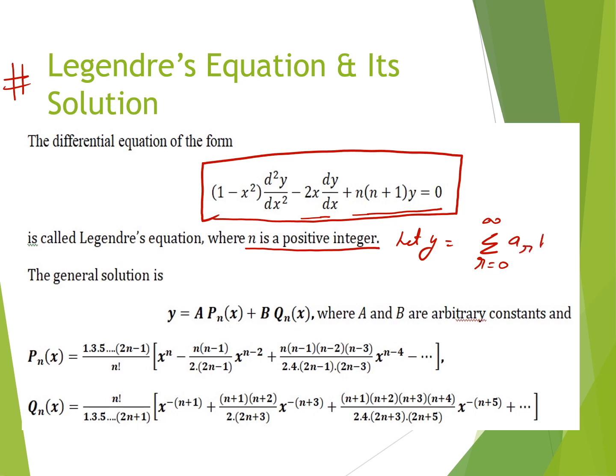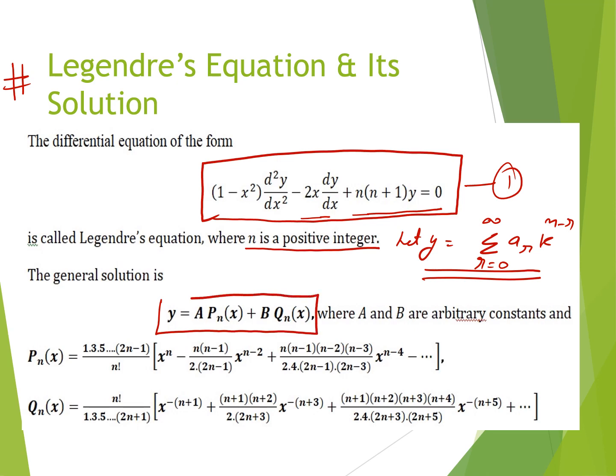When we substitute this assumed solution in the Legendre equation, we find that the solution is y is equal to a Pn(x) plus b Qn(x).